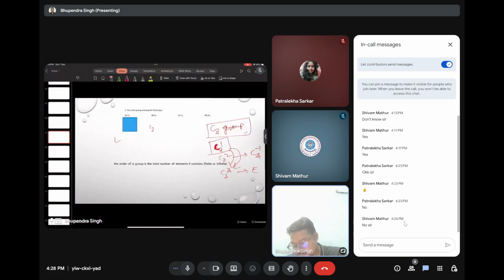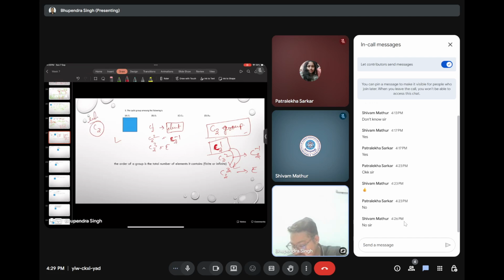This is your C3 axis. This is your element which can generate a group like C3 2, C3 1, C3 3, which is the identity element, or C3 inverse. So only one element is there, which is C3.